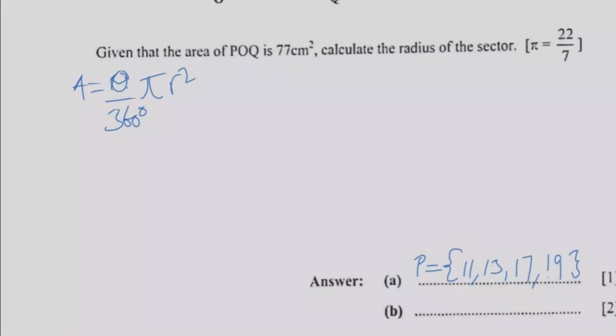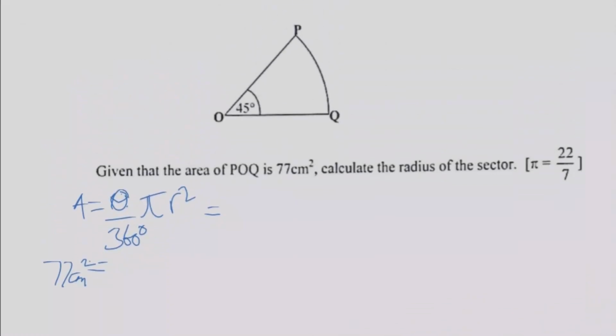Now what we can do here is go ahead. We are given the area, which is 77 centimeters squared. Then theta, we are told that is 45 degrees, over 360 degrees.